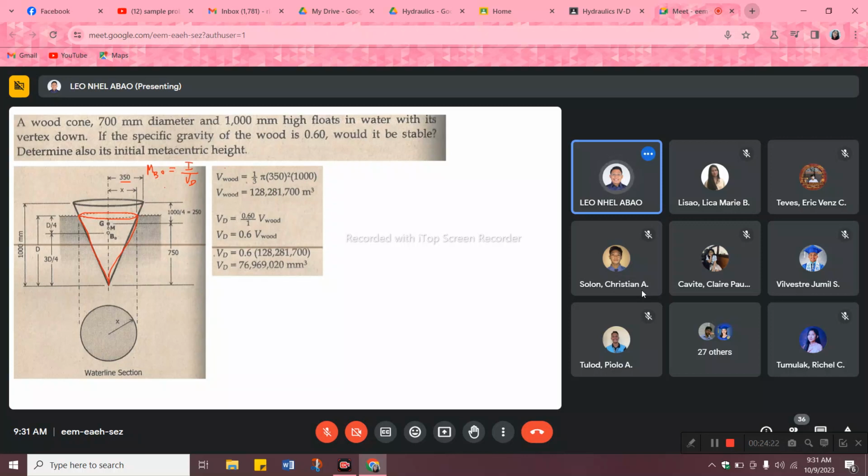One method is what we call similar solids, where you compare the big one to the small one. So first, start with the big one. What is the initial value of the total volume of the wooden cone?